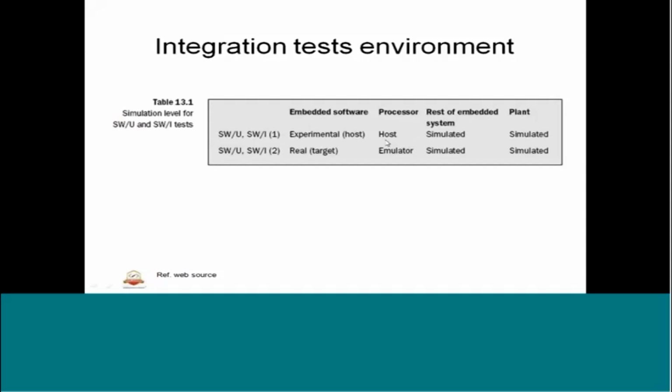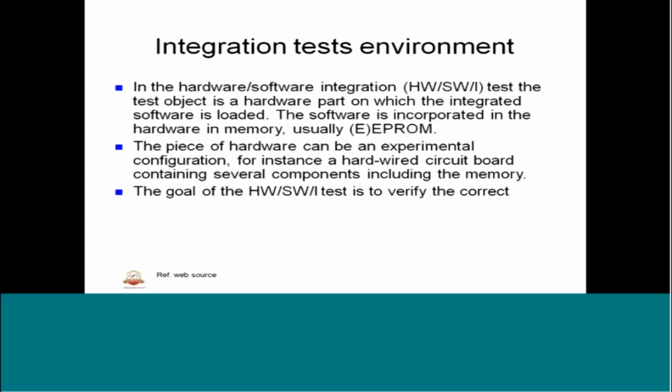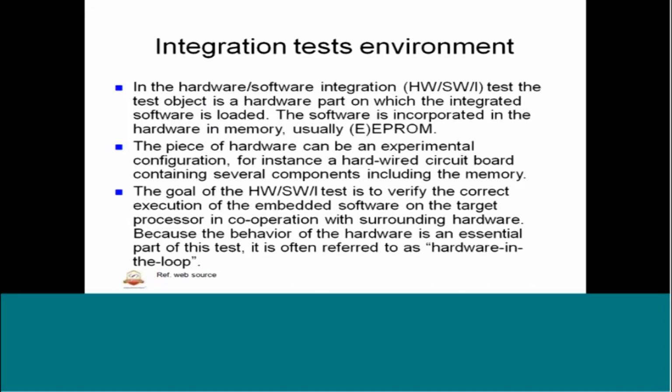Host processor is enough for doing the experimental or host based integration testing, whereas when we use the emulator, we need to have a target, actually real target, having the target processor used. So, actual hardware in terms of memory or any transceivers or any communication devices, we need to have a mechanism such as hardware in loop or hardware software in loop, sort of a test environment for integration tests.